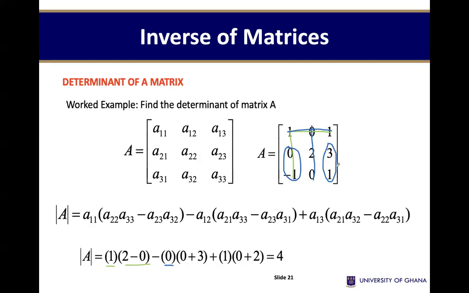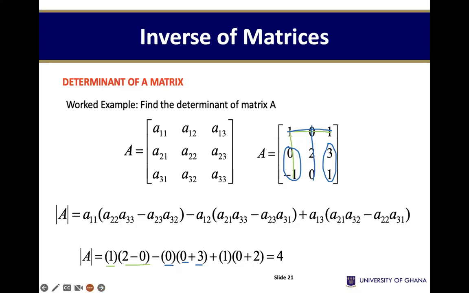So I'm going to have 0 times 1, that will be 0, which is this here. Minus is already there. I'm going to have negative 1 times 3, that'll give you negative 3. So in this situation, this was supposed to be 0 minus negative 3, which is basically 0 plus 3.